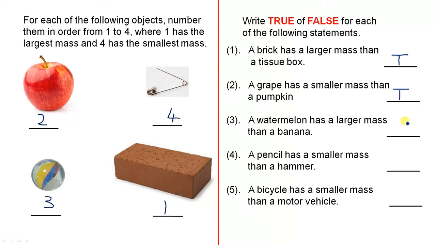Put a watermelon in one hand and a banana in the other, and you'll see that the watermelon definitely has a larger mass, so that's true. A pencil has a smaller mass than a hammer. That's a normal hammer that a tradesman will use, and that's just a normal pencil that you use at school. So the pencil has a smaller mass. Look at that, they're all true so far. And the last one, a bicycle has a smaller mass than a motor vehicle. That is definitely true. So the 5 of those statements are all true.